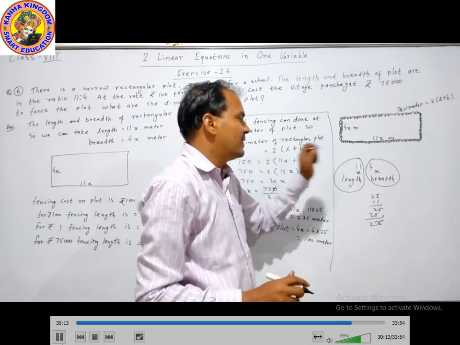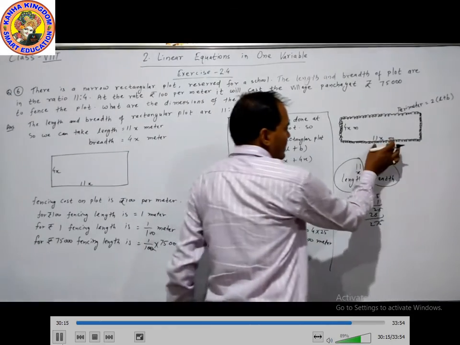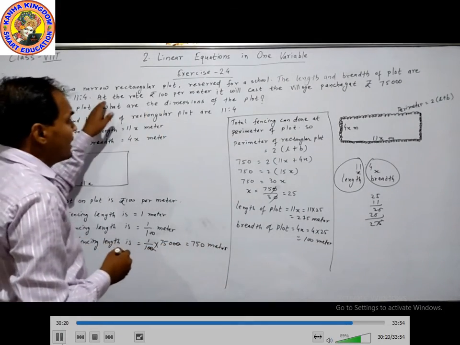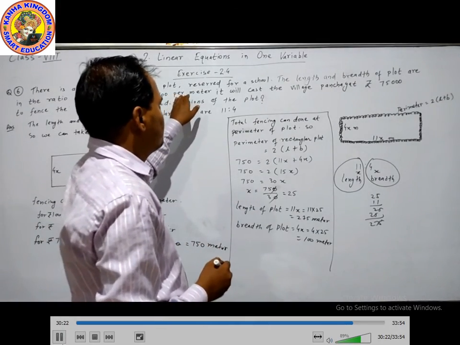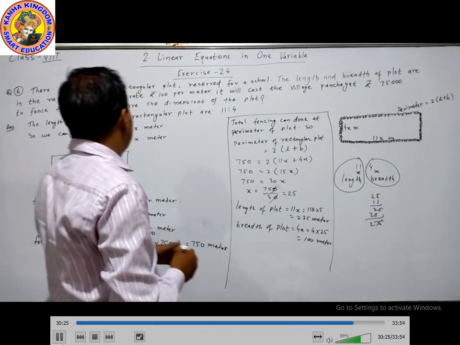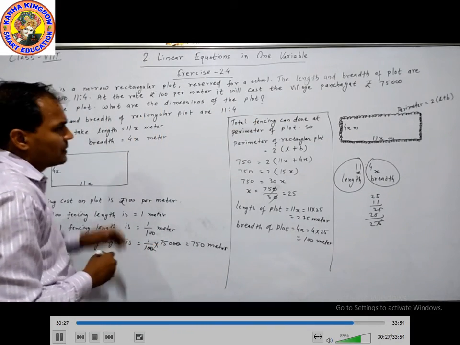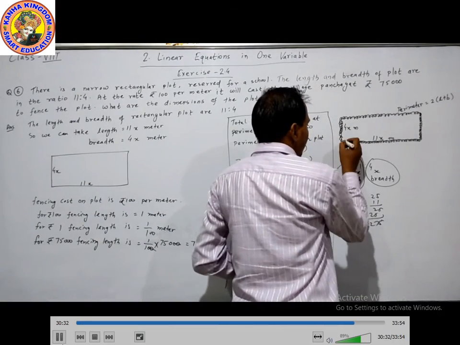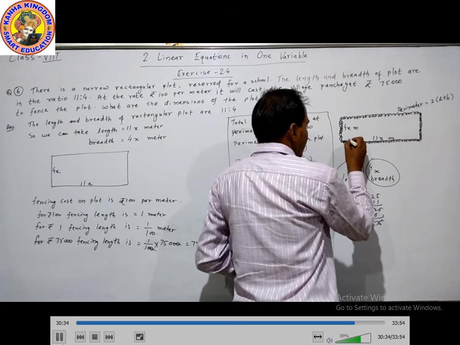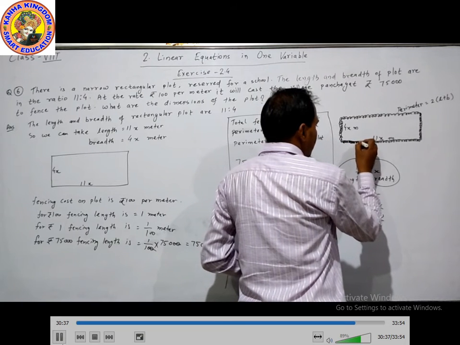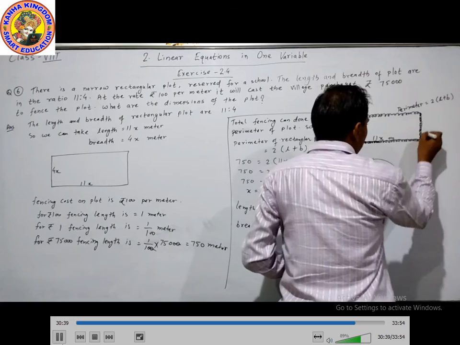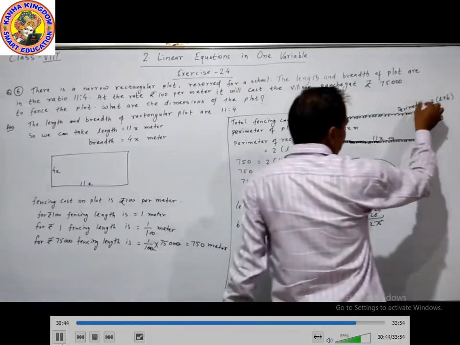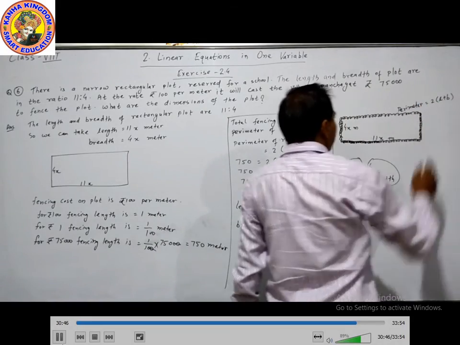The length is 11x, width is 4x. At the rate of 100 per meter it will cost the village panchayat to fence the plot. We start fencing on this. The fencing will be done on the boundary line, so the boundary line is called perimeter. Then the perimeter of a rectangular plot is 2 into length plus width.